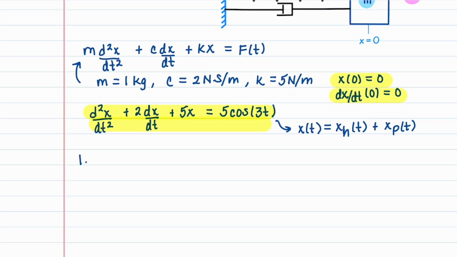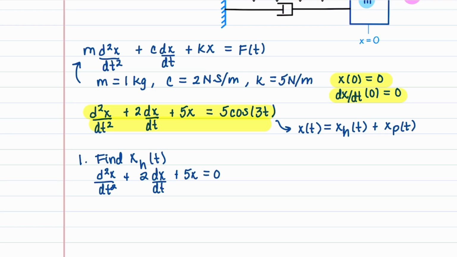The first thing we want to do is find the homogeneous solution, x sub h of t. To do that, we solve the homogeneous equation: the second derivative of x with respect to time plus 2 dx dt plus 5x is equal to 0.